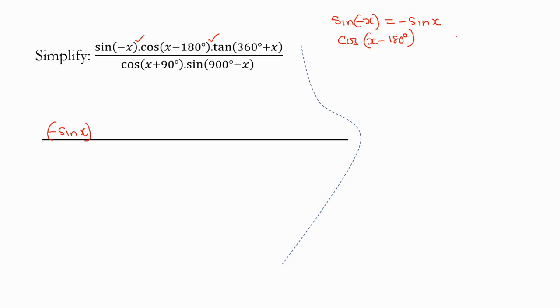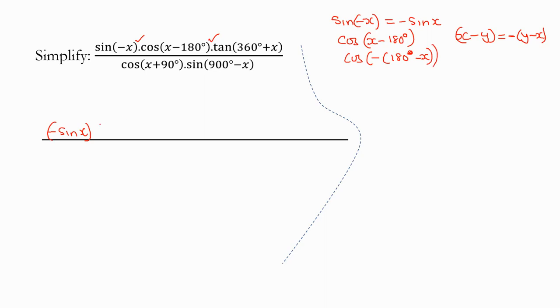Remember what we do in algebra: x minus y is equal to negative (y minus x). When you factor out negative 1, the terms in the bracket can be swapped around. So this one is going to be cos of negative (180 degrees minus x). You see that? Let's write that one down.